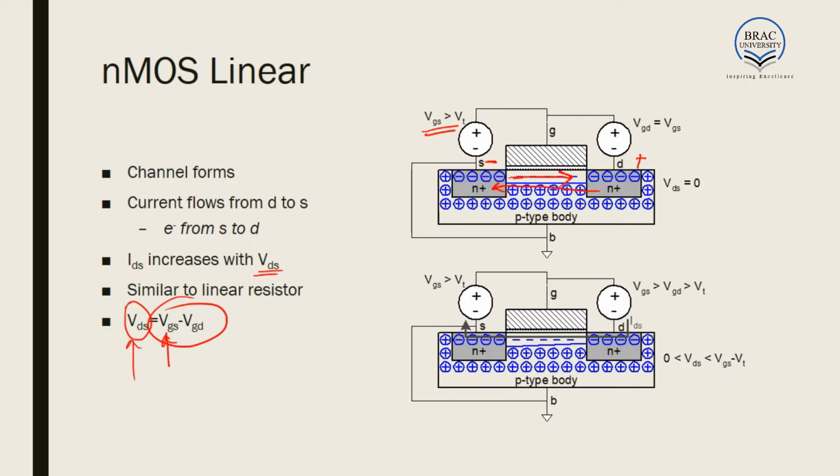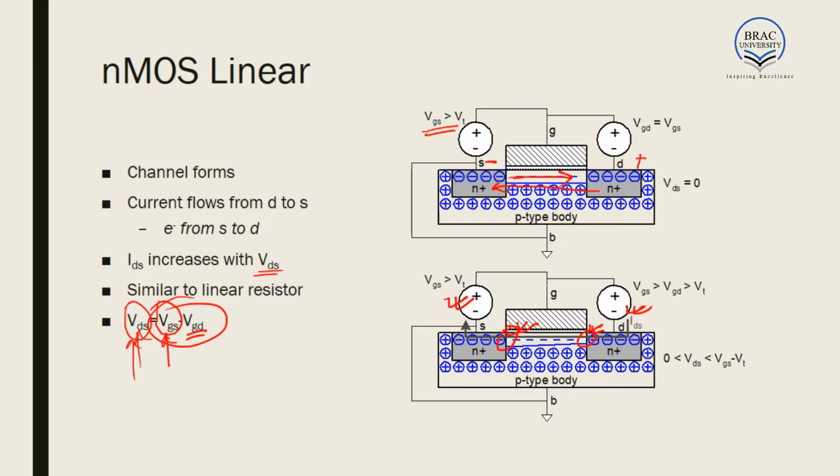Now again, another thing that happens is that as the VDS increases, if we keep the VGS constant, VGD must decrease. That is, if this is kept constant, this must decrease. If this decreases, we can see that here the inversion layer will be thicker and here the inversion layer will be thinner, because the voltage applied here is more than the voltage applied here.